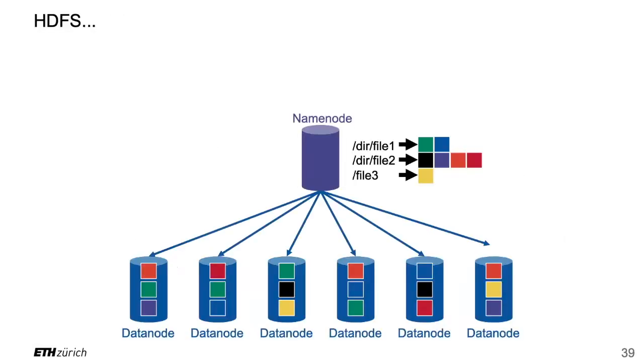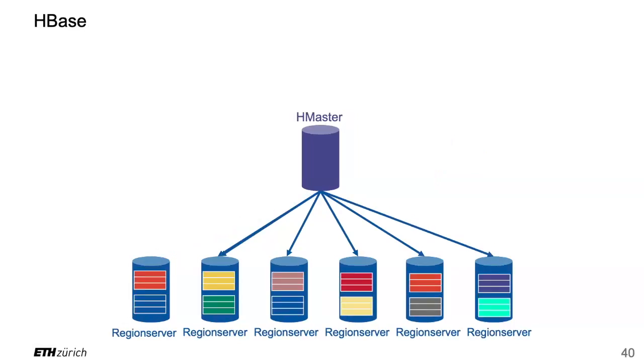Anyway, so you know that we have a centralized architecture with a name node and plenty of data nodes. I told you, be careful. The name node and the data nodes are actually not machines. They are processes running on the machines. And that means we can have multiple processes. And we actually are going to have more processes. Now we are going to have a process called HMaster that is running on the coordinator's node.